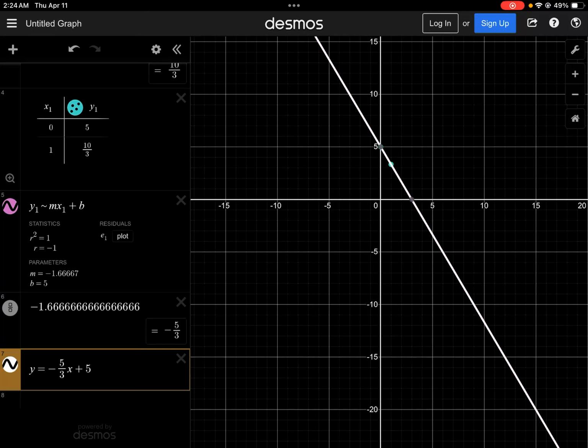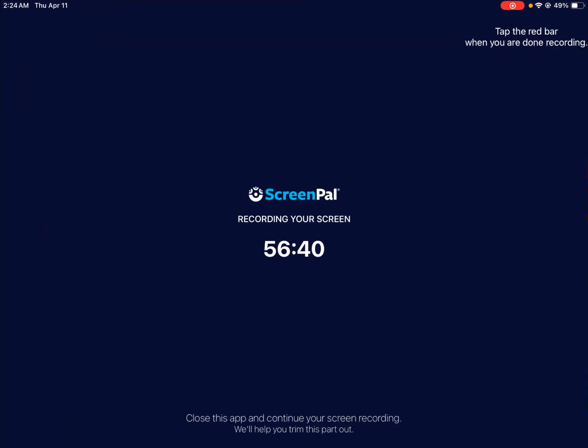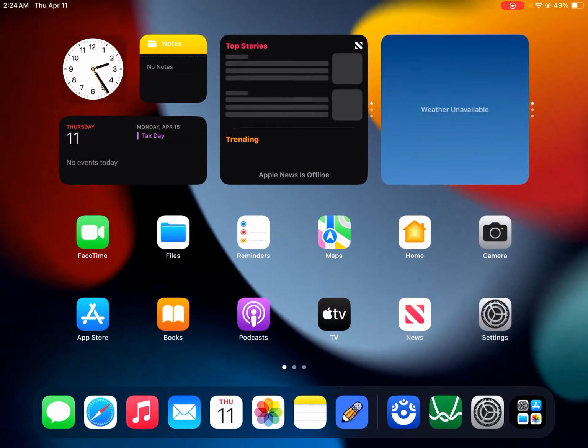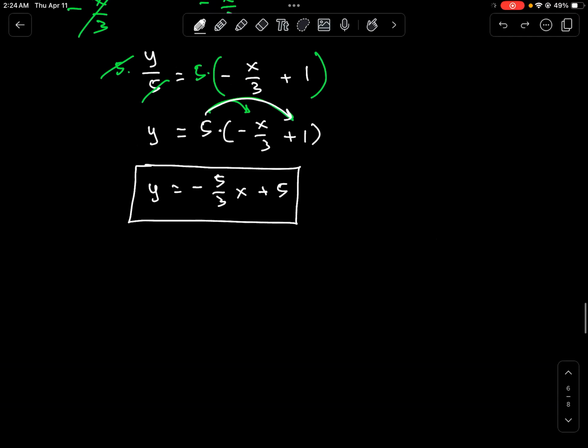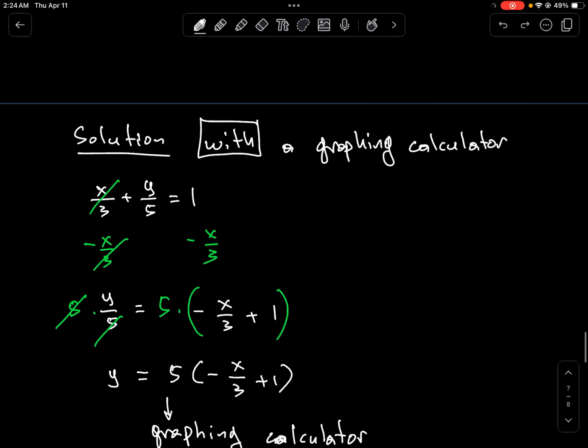So hopefully when I compare it with what I have found earlier, it's going to be the same. Let's see, y equals negative 5 over 3x plus 5, and in the previous method, I have found y equals negative 5 over 3x plus 5.